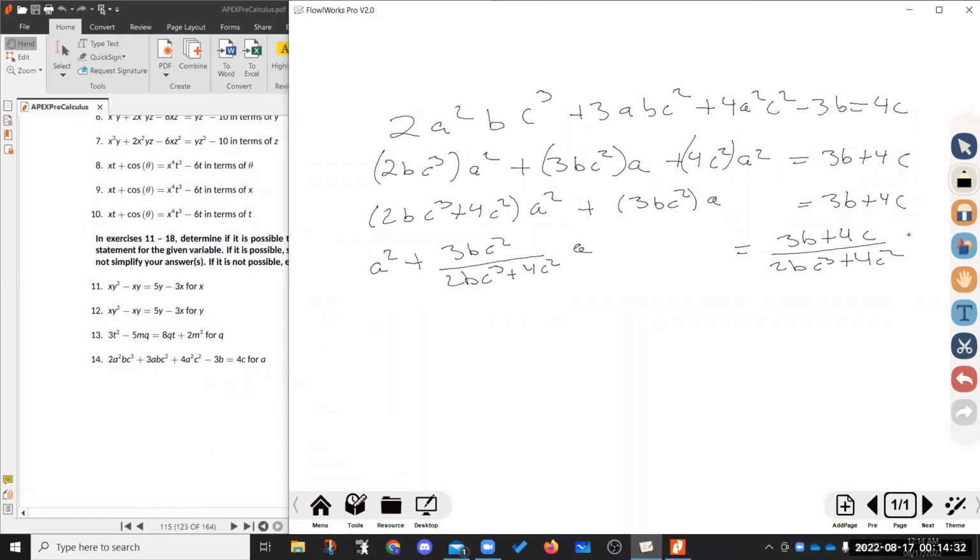Now we're going to take half of the middle term and square that. So that's going to be 3/2 squared, which is 9/4, b squared c to the 4th over this, I'm just going to call 2bc cubed plus 4c squared, squared.